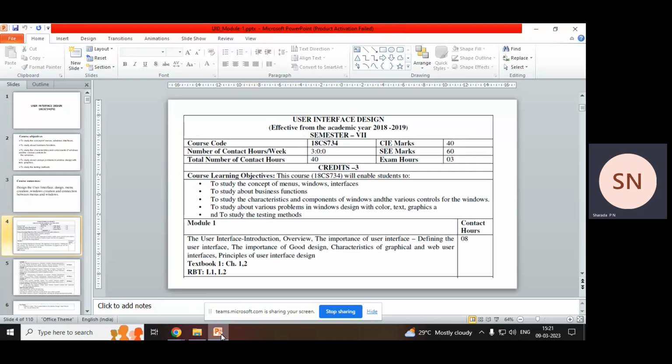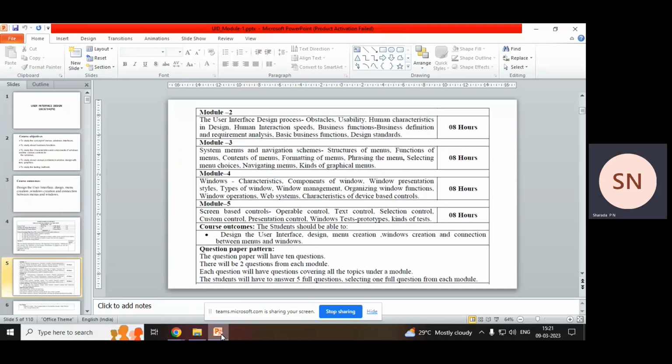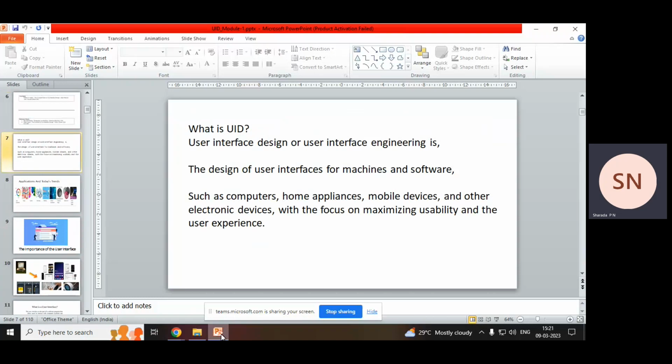Along with that, you will have the web user interface, and the comparison between graphical and web user interfaces. And last, we'll start with the principles of user interface design.